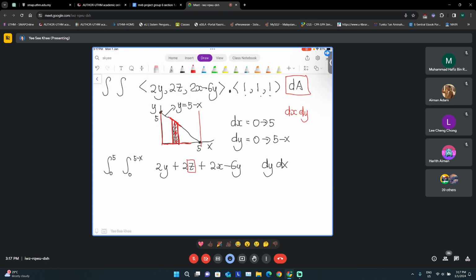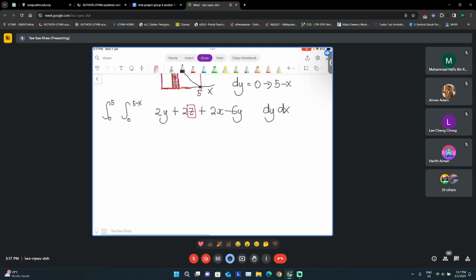Here you can see that you have a z, so the z should be replaced. Replaced by what? Replaced by the equation of the plane. So 2y, the equation of the plane is z equals 5 minus x minus y, so 5 minus x minus y, plus 2x minus 6y.